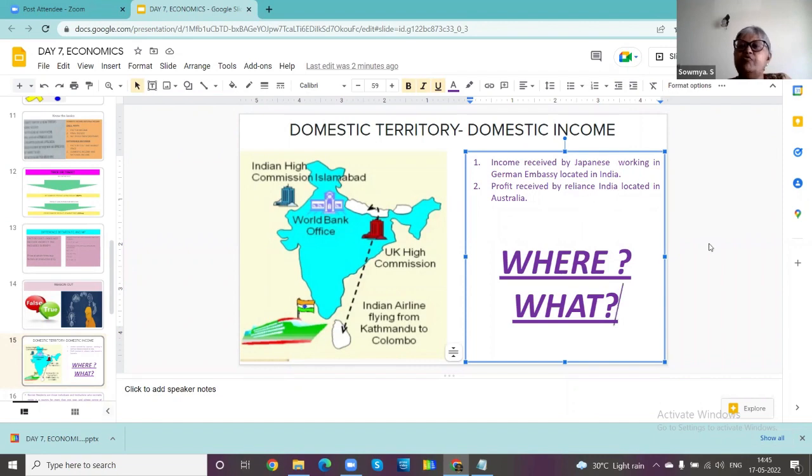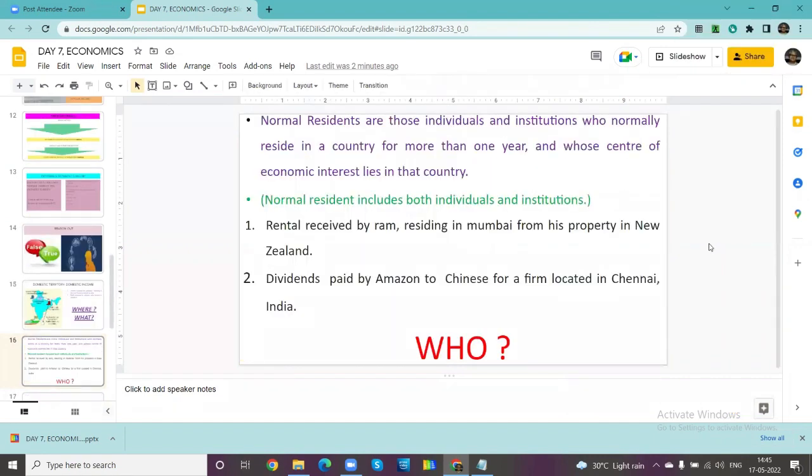Same way, for the national income concept, they'll have to raise the question, who makes the income? Initially, we would have told them about the normal resident, who is a normal resident and who is a citizen, what is the difference between a citizen and a resident, and all these concepts. So we'll have to remind them of this.